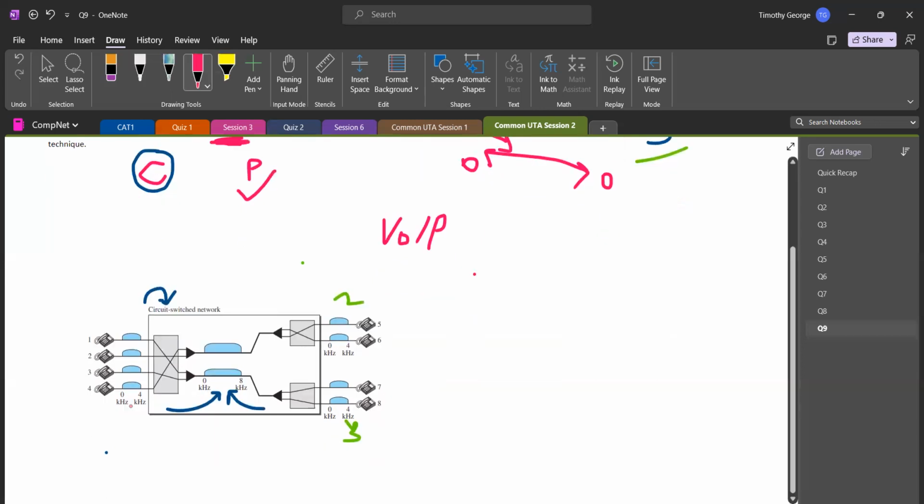You can see here, every channel has 4 kilohertz. This is actually FDM, frequency divided. So each one gets 4, 4, 4, 4, and so these main switches, which have to accommodate all these switches, have a max of 8, because you're getting from this side and from this side.